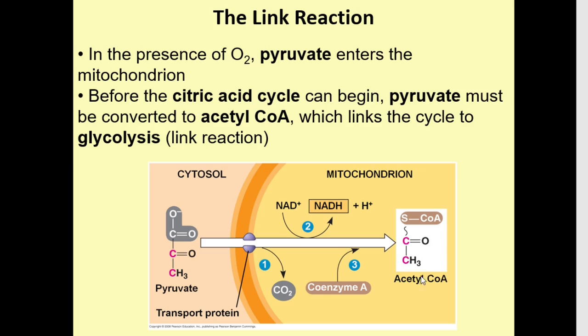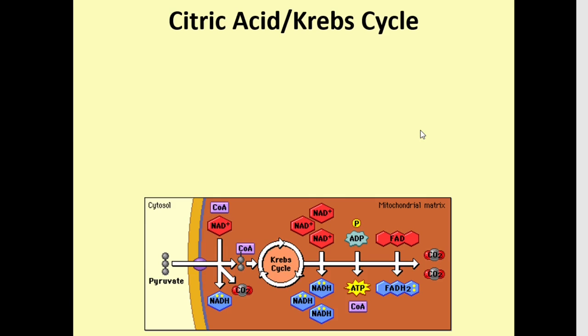Once we finish the link reaction, so this is what's left of our pyruvate. So remember, we've got 2 of these. So we had 2 pyruvates left over from our glucose. Once they are in this position, we can then start on the next stage, which is the citric acid cycle. Okay, so this brings us on to the citric acid or Krebs cycle.